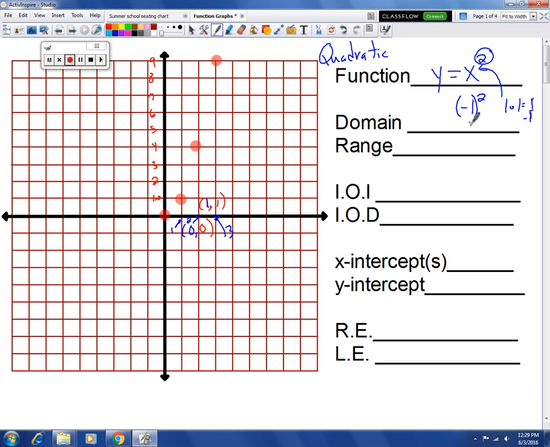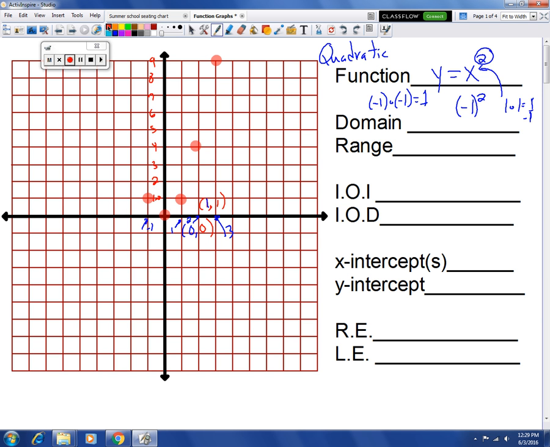Alright, so that literally means a negative 1 times another negative 1, and a negative times a negative is a positive 1. So when I substitute in a negative 1, and here's negative 1 on the x-axis, I still get a positive 1. So my point on the left side is going to be symmetric to this point.